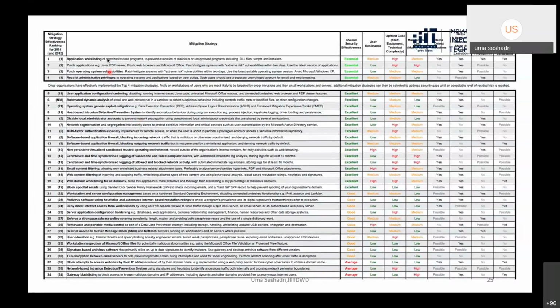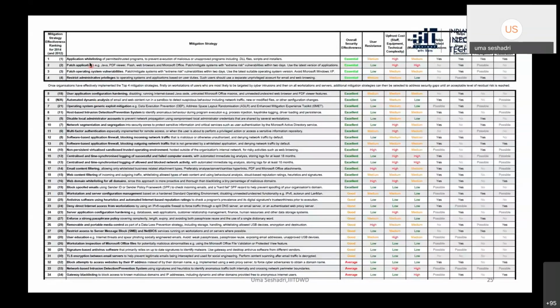These are various mitigation strategies which are adopted, and they are also given a status against all these components identified in the risk mitigation strategy. They will say user application configuration hardening, automated dynamic analysis.